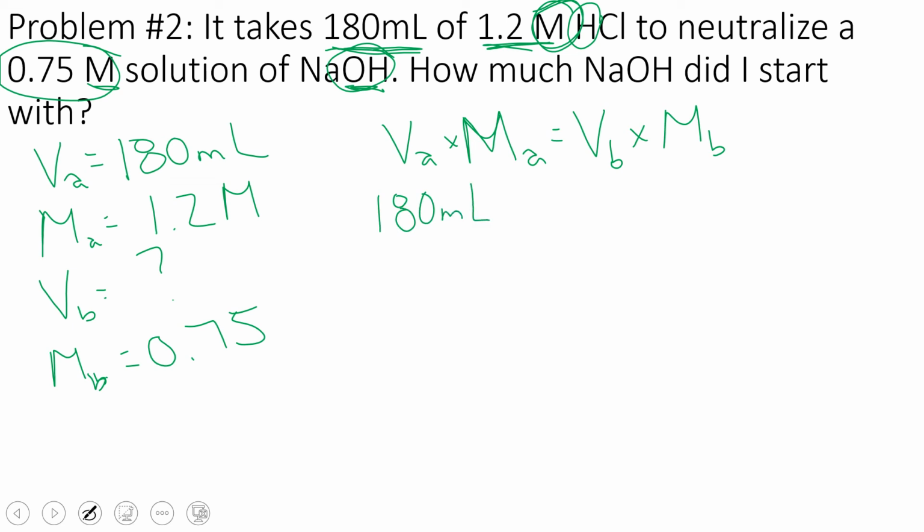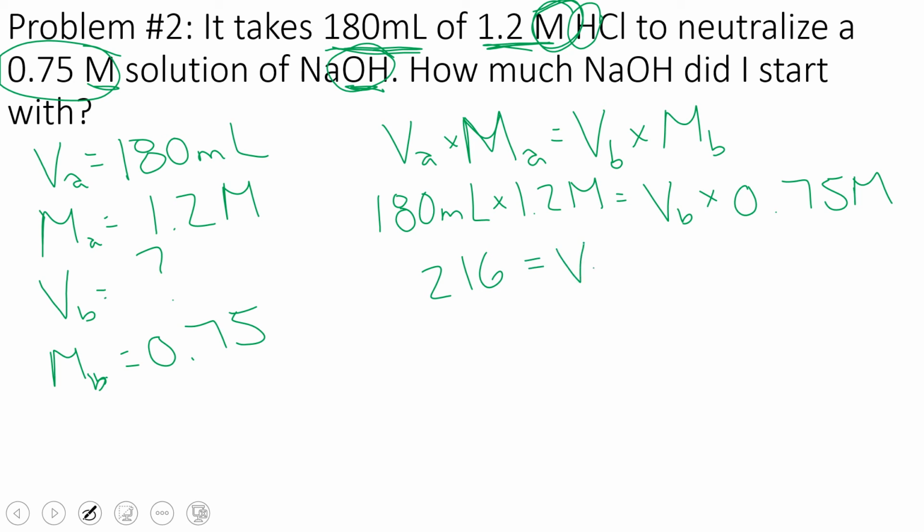180 milliliters times 1.2 molar is equal to VB, my question mark, times 0.75 molar, right? So the first thing I have to do is multiply 180 times 1.2 molar, and if I do that, I get 216, which is going to be equal to the volume of my base times 0.75 molar, the concentration of my base.